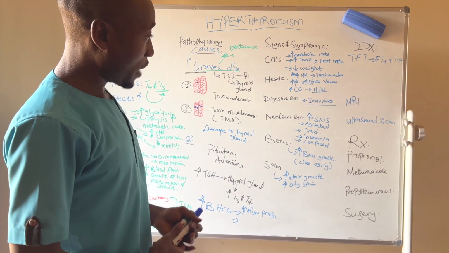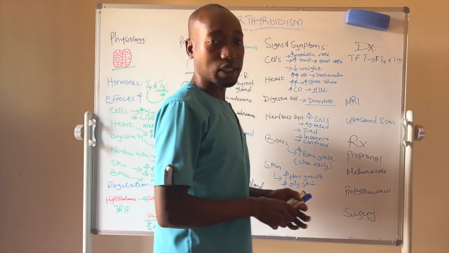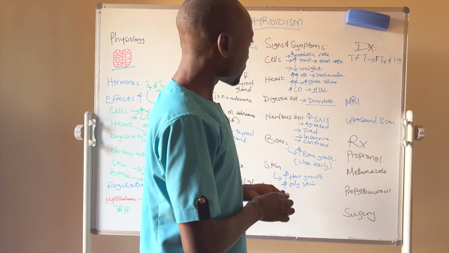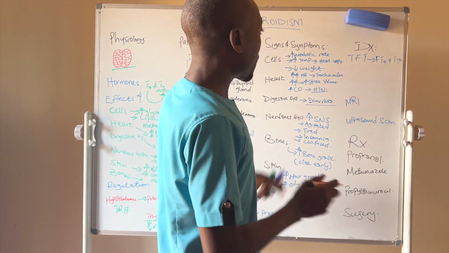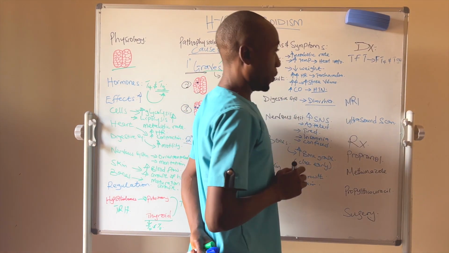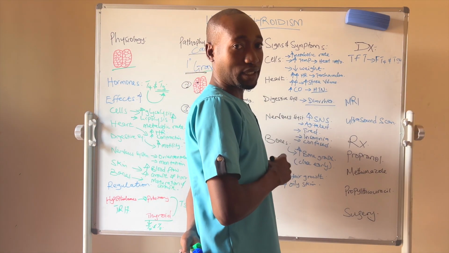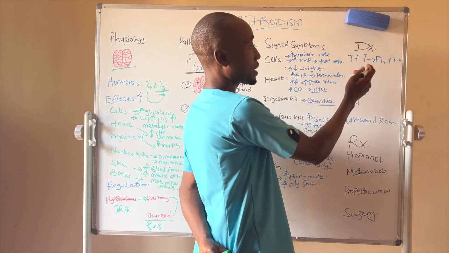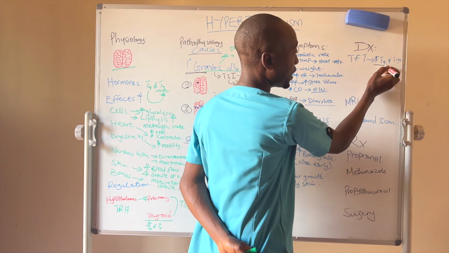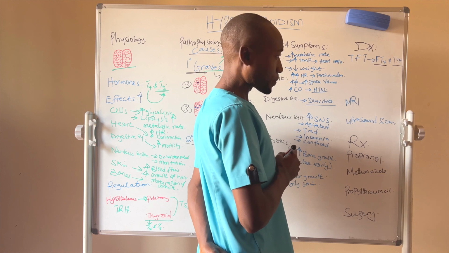All right, now that we have understood this, let's look at diagnosis. How do we diagnose someone with hyperthyroidism? Okay, now, in this case, normally we are going to start with what we call the thyroid functioning test. Thyroid functioning tests actually look at free T4 hormones and TSH.